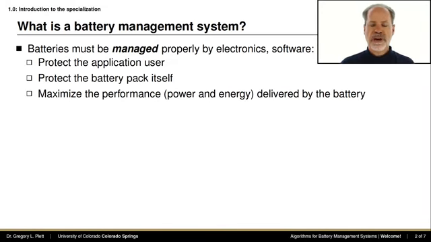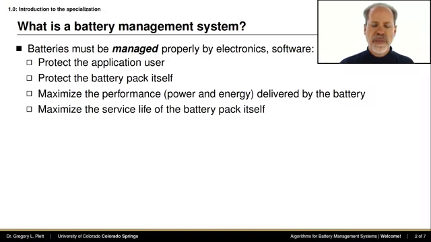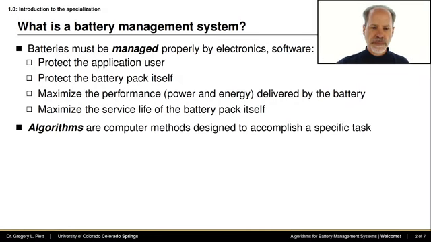Third, because the battery is an expensive investment, the battery management system needs to maximize the performance that can be squeezed out of the battery system, because we don't want to waste anything we have paid money for. And finally, the battery management system needs to make sure that it maximizes the life that we can get out of the battery system, again, because of the significant investment that was made in it.